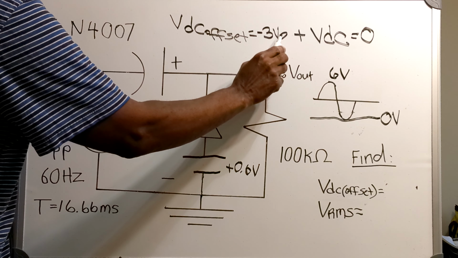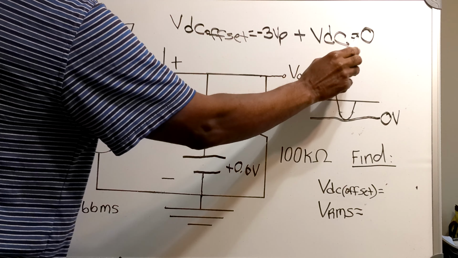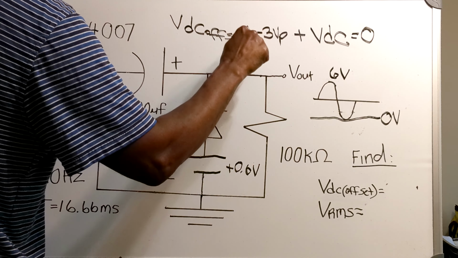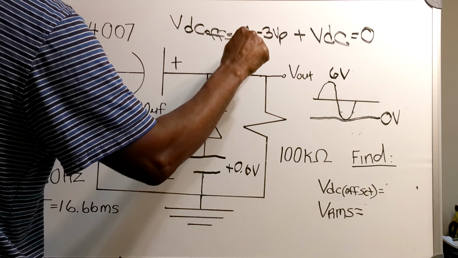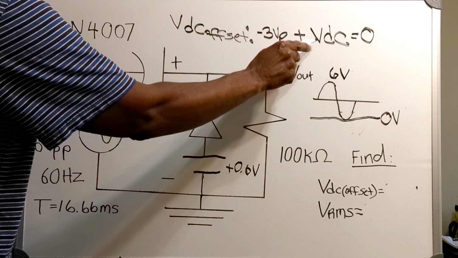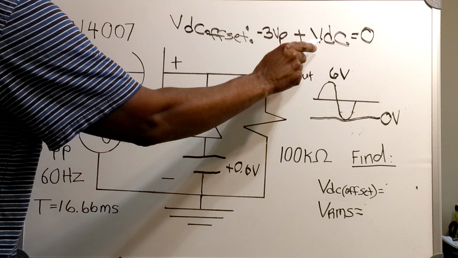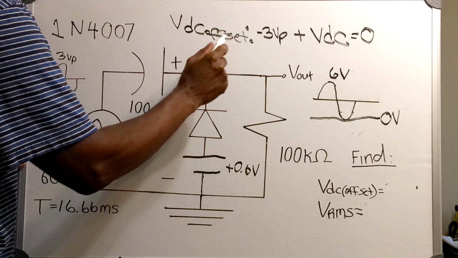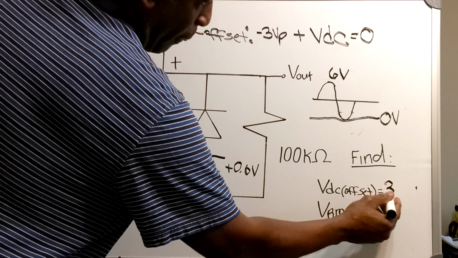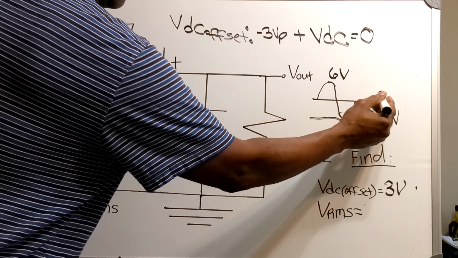Minus 3 volts peak plus VDC equals 0. Now, the math here is real simple. The VDC offset is now 3 volts. And 3 volts go right here.